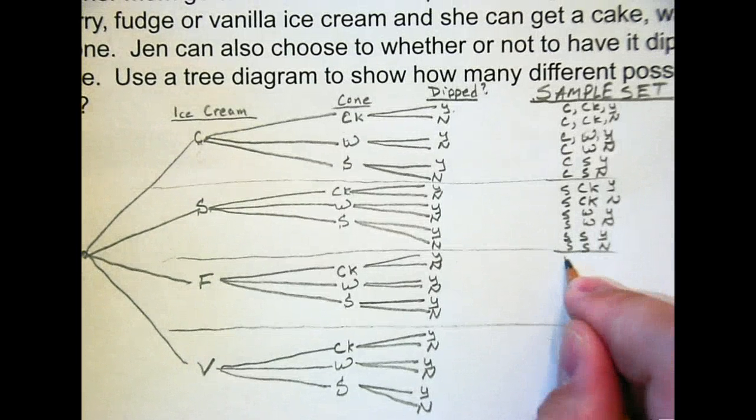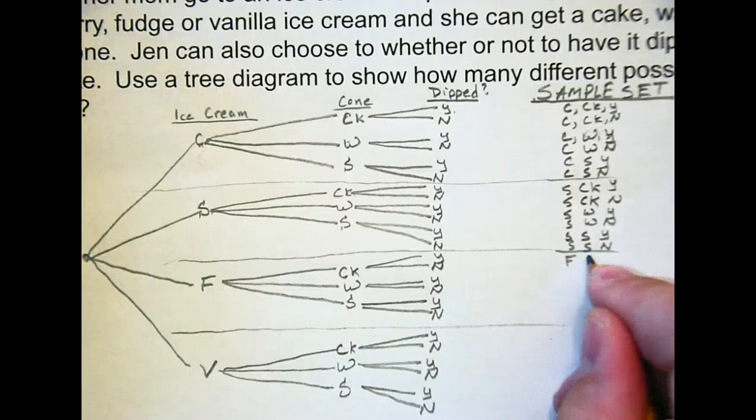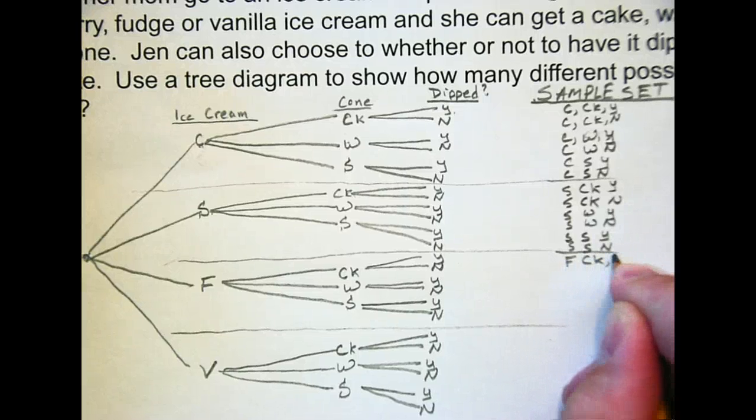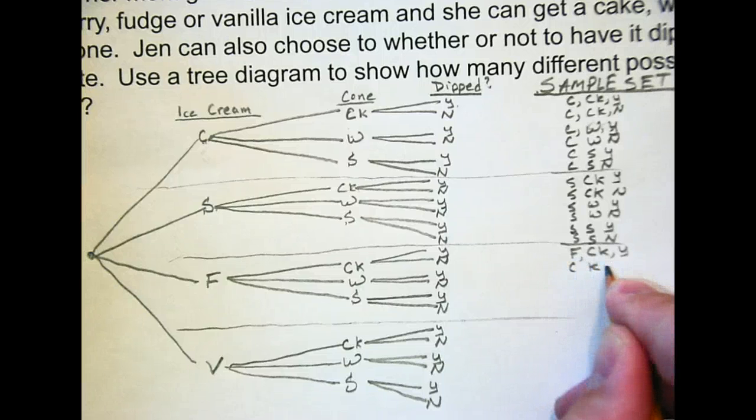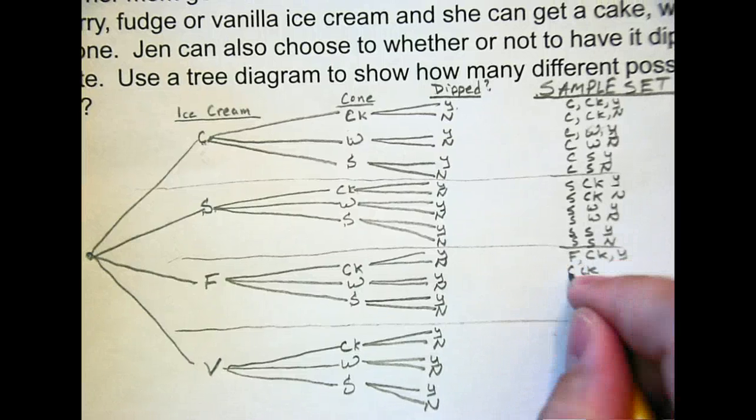F, C, K, Y; F, C, K, N. Can we move on, please?